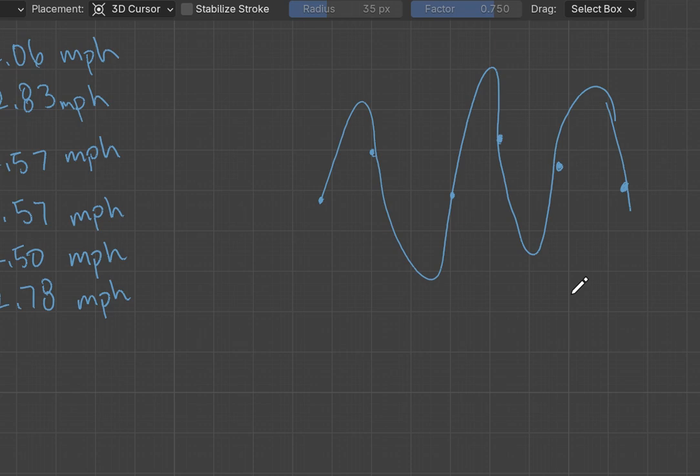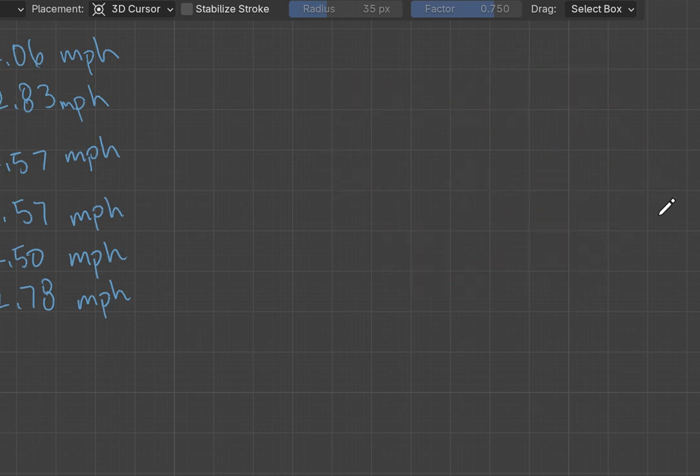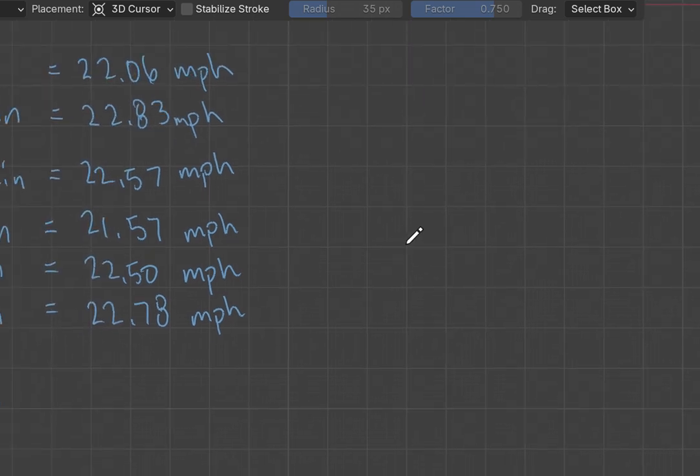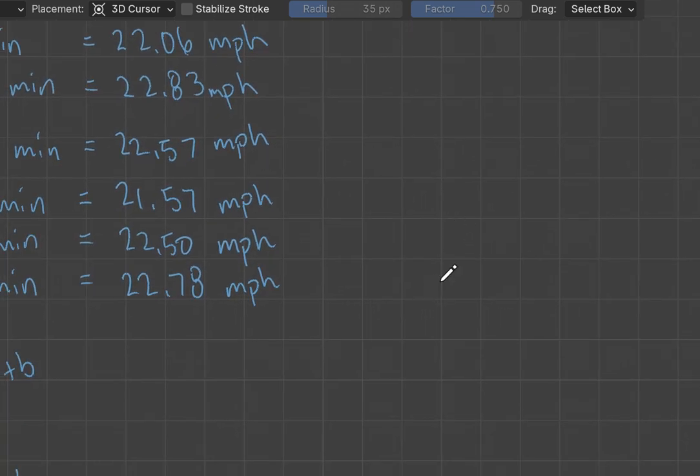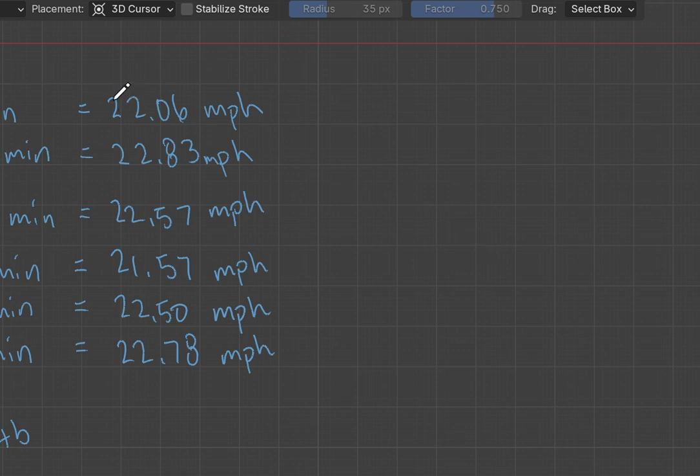It could look like that. It could have any kind of shape, but the point is there's at least one equation that draws a curve through each one of these points, and what I'm going to do is I'm going to solve for that equation.